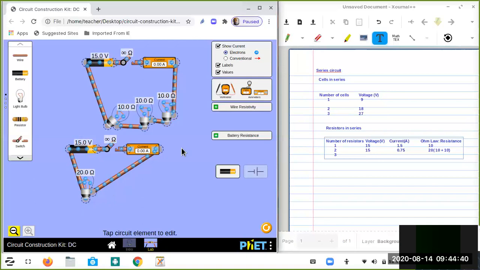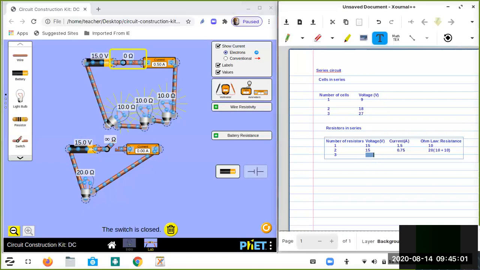Now, how much is going to be the voltage and how much is going to be the current? There we go. You can see there that for 3 resistors in series, the voltage is 15. So I'm recording here: voltage is 15. How much is the current?